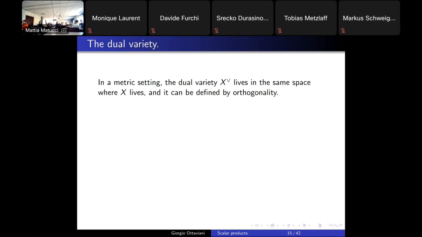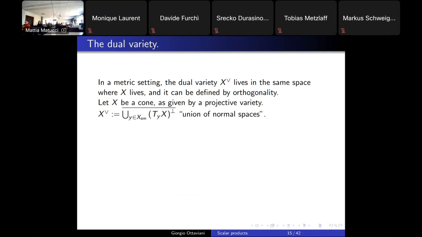So they live in different spaces. But remember, we have a metric. So the dual space can be identified with our space, and then you can see the dual variety inside the same space. And I give a definition which is a bit unorthodox for algebraic geometry, using orthogonality.